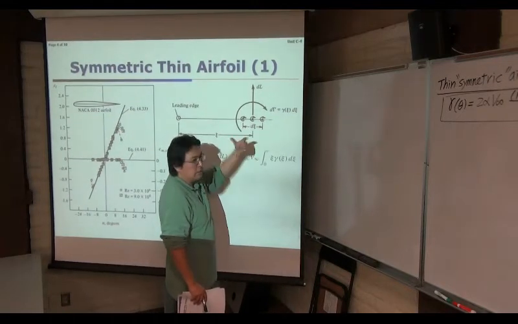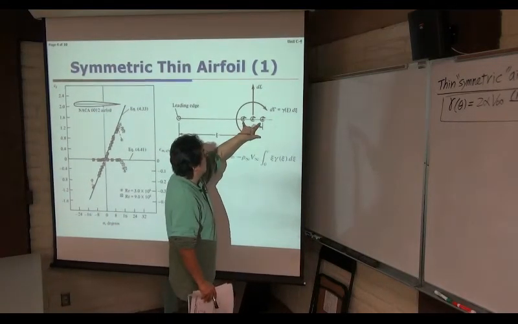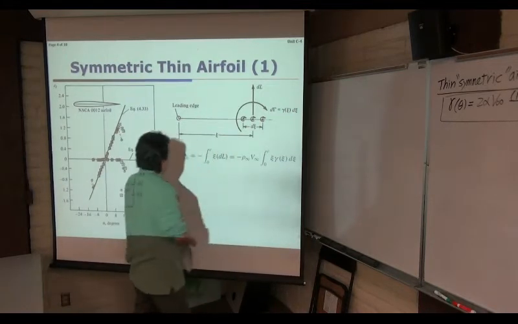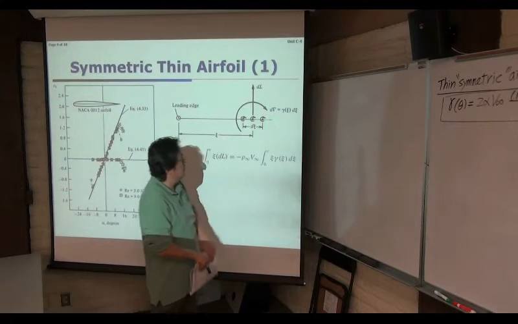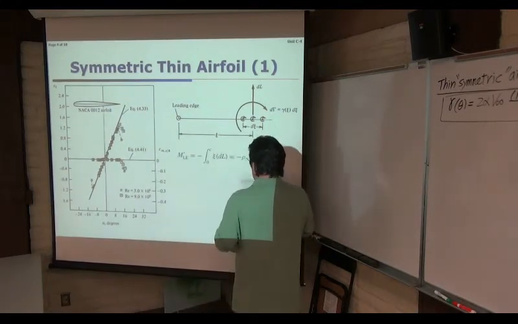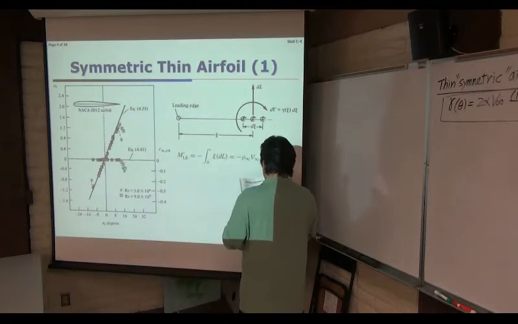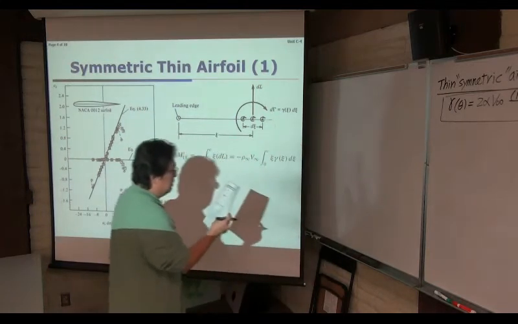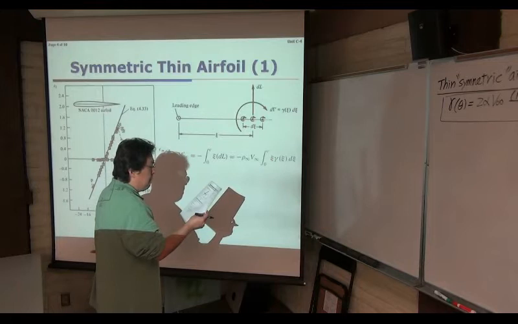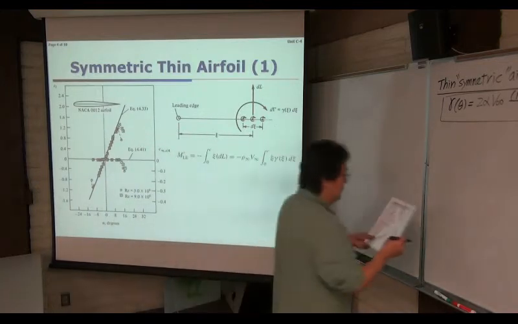This is a small tiny segment of the panel that actually creates lift. Location is at xc. Now we are going to understand what this picture really means. So let's find out.